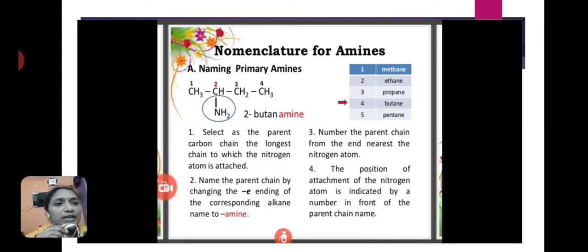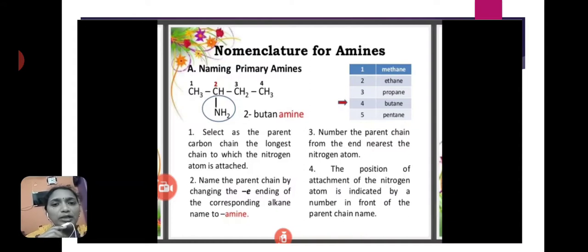Number the parent chain from the end nearest the nitrogen atom. The position of attachment of the nitrogen atom is indicated by a number in front of the parent chain name.